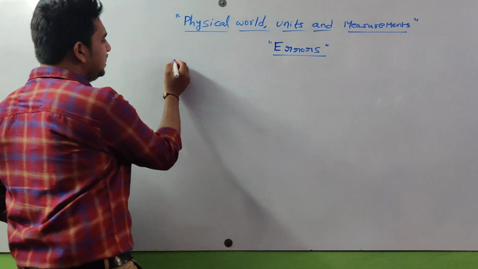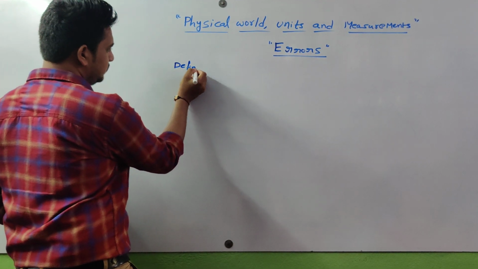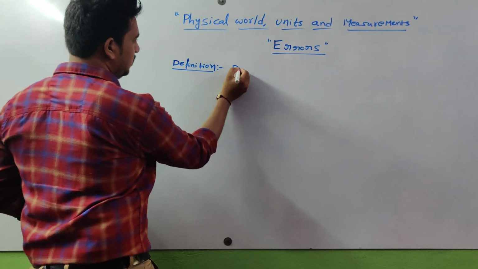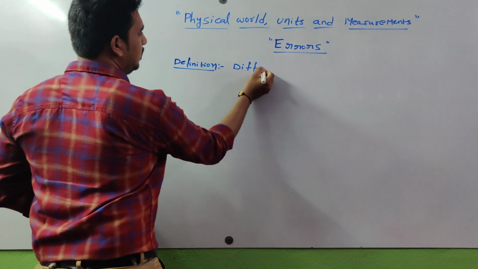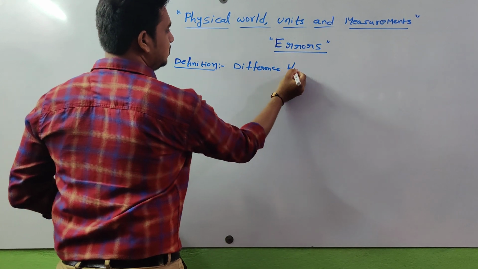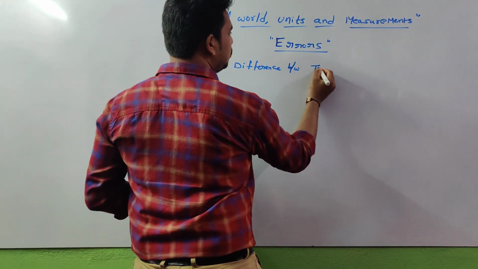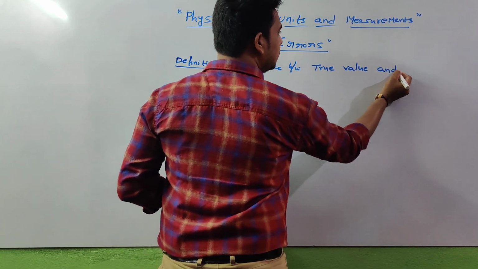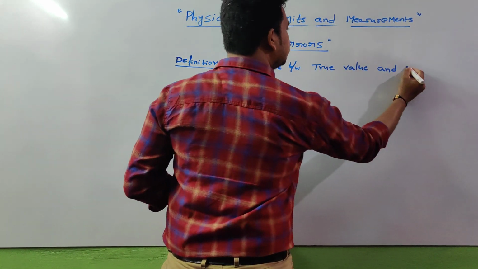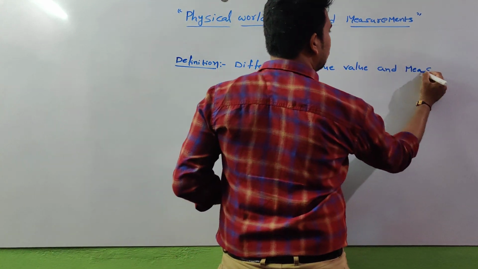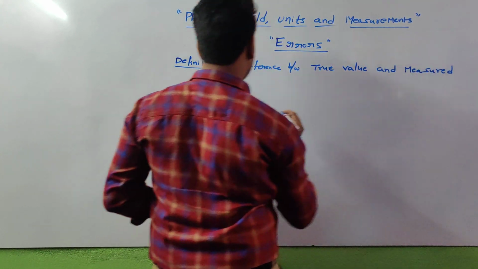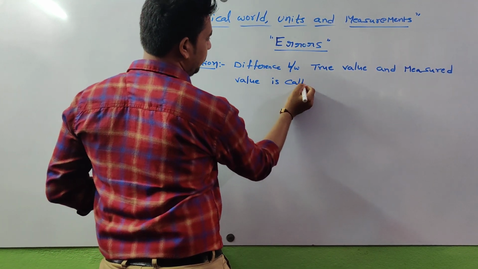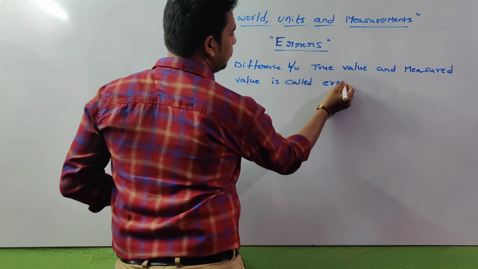First of all, what is the definition of error? The difference between true value and measured value is called error.